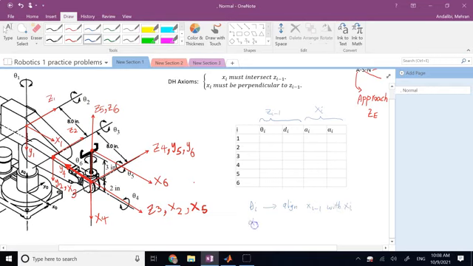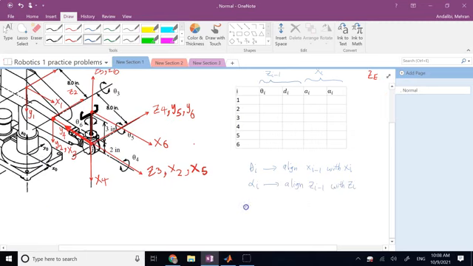Alpha_i is to align z_{i-1} with z_i, and d_i and a_i are to align o_{i-1} with o_i, the origins.